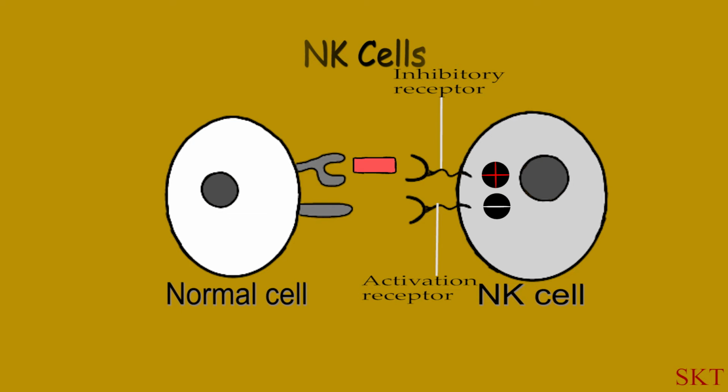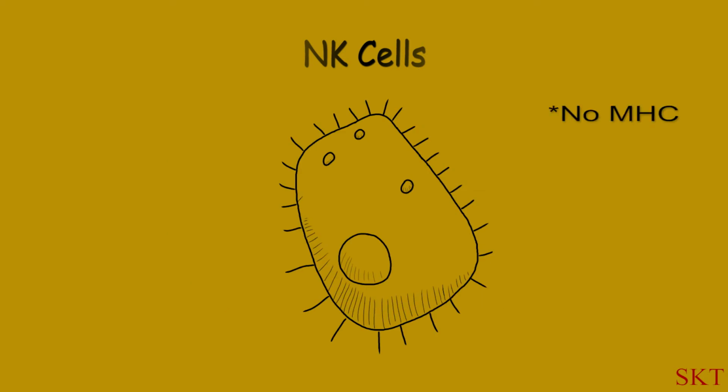But what happens when NK cells do find bacterial cells or cells infected with viruses? So basically the bacterial cells do not have MHC molecules. So the question of inhibition never arises. So the NK cells directly kill these bacteria as they don't have any MHC molecules on them.